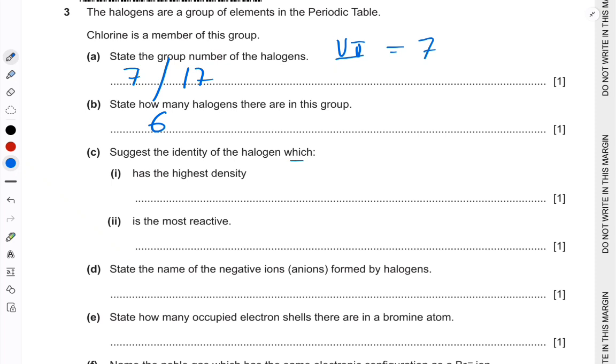So we can see the pattern that as it goes down the periodic table, it is getting more and more dense. So you would choose the last one in this group. So you would say tennessine, the 6th member in this group.